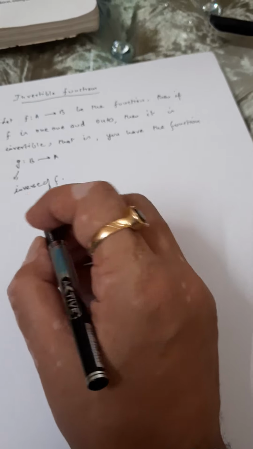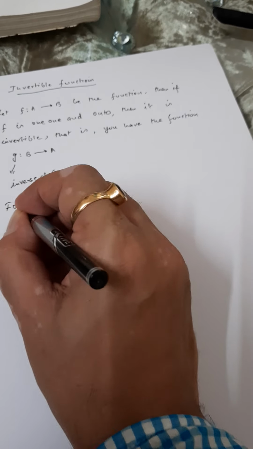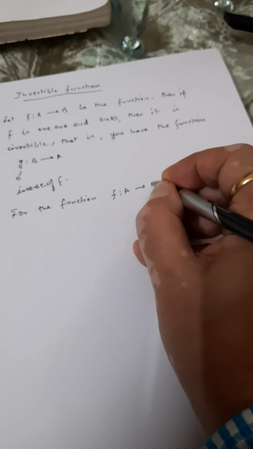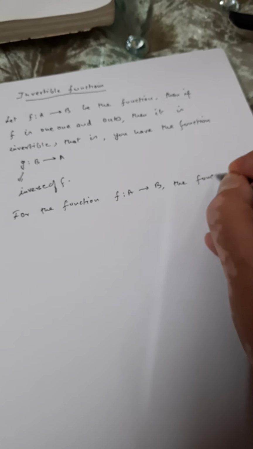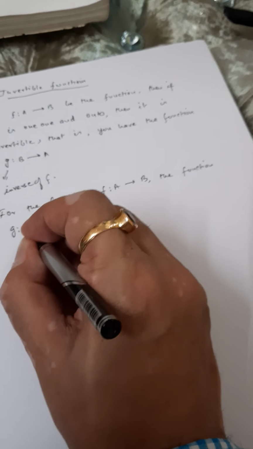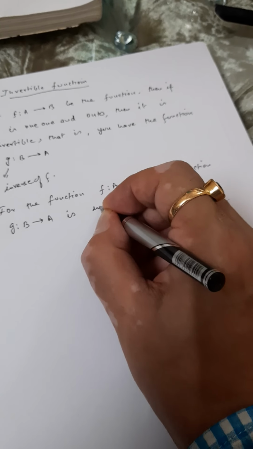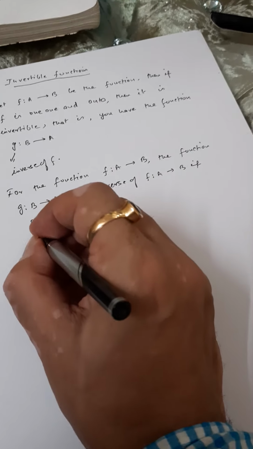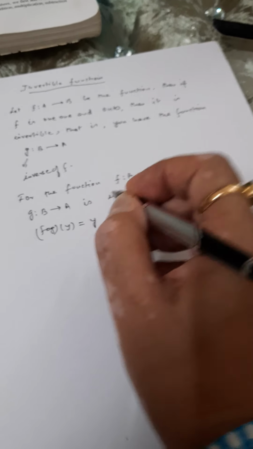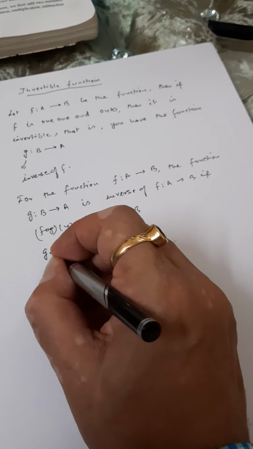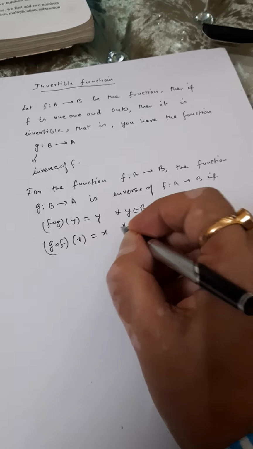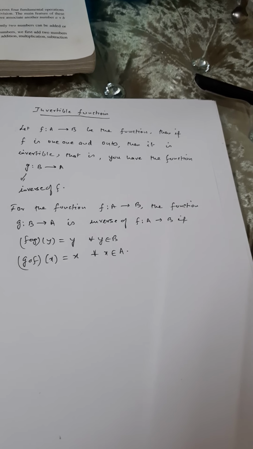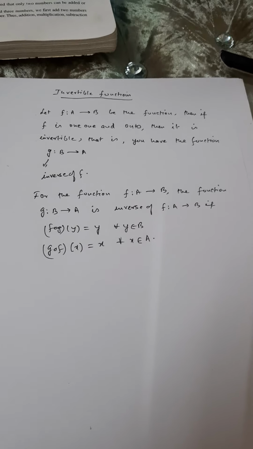Else, for the function f from A to B, the function g from B to A is the inverse of f from A to B if fog of y is y for all y belongs to B, and gof of x is x for all x in A. Again I am repeating, the function g from B to A is the inverse of f if fog of y is y and gof of x is x.